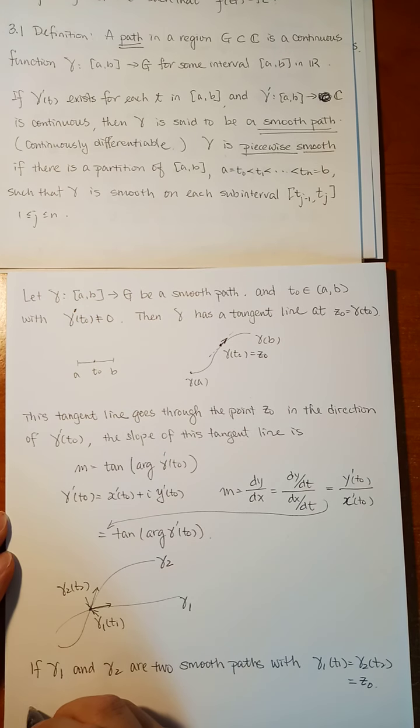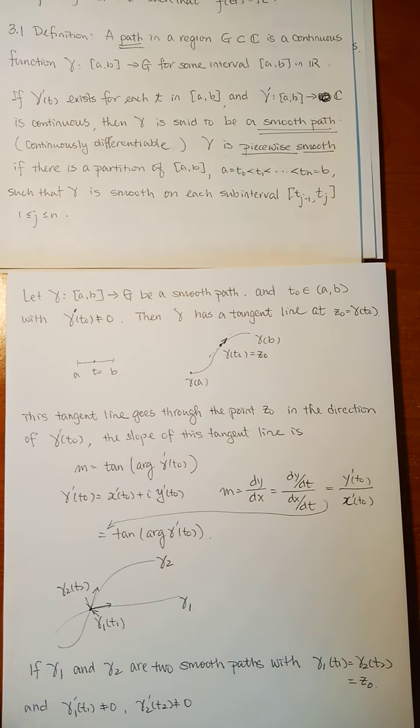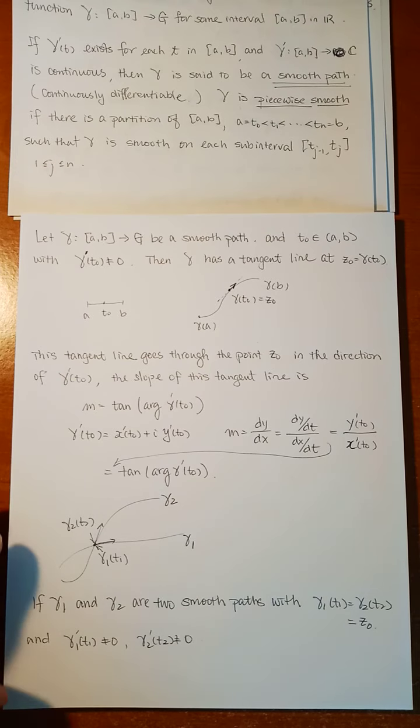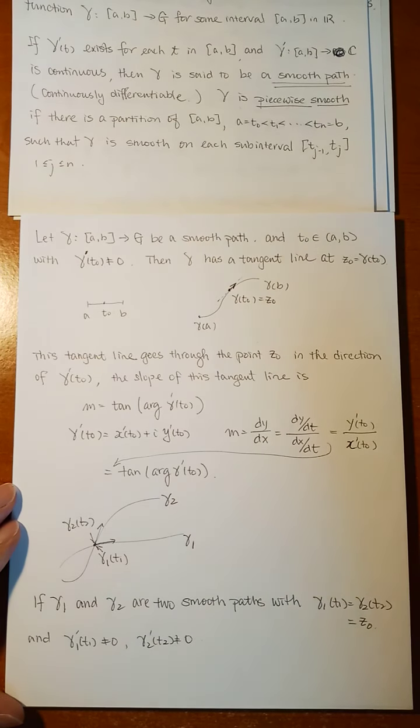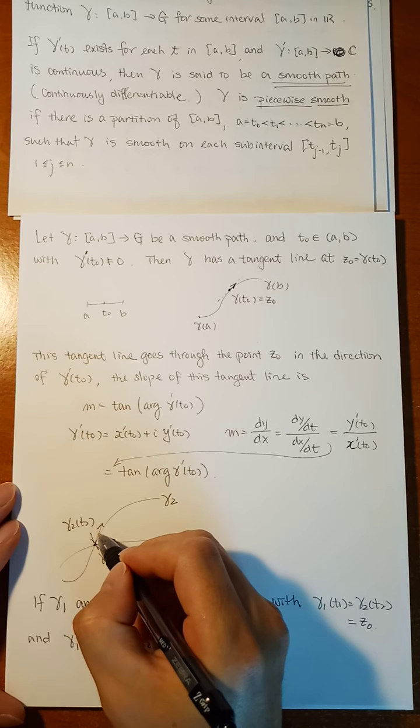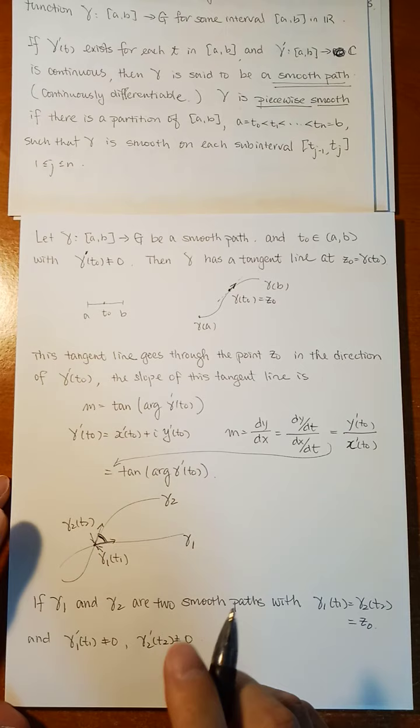And let's assume gamma 1 prime of T1 is not equal to 0, and gamma 2 prime of T2 is not equal to 0. If it's equal to 0, 0 has no argument, so you cannot study the argument. When this happens, those two complex numbers will give us an angle.